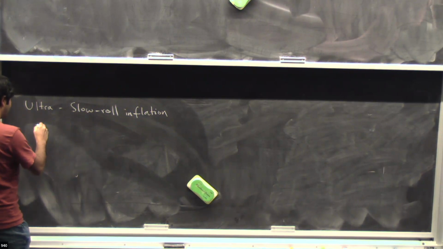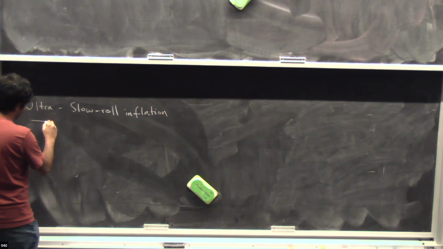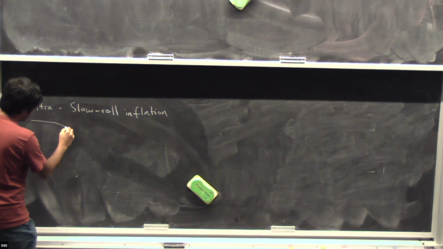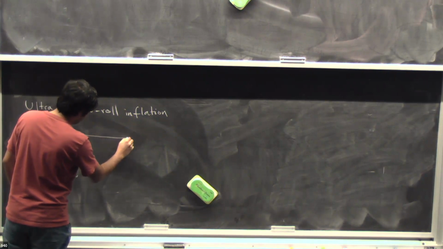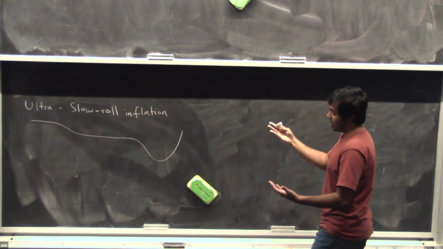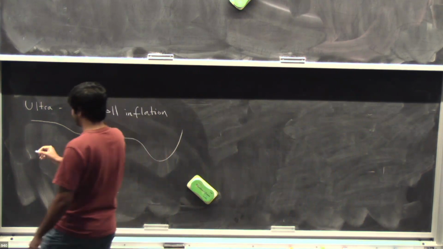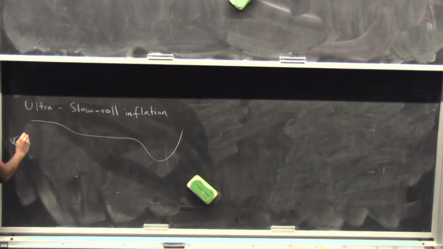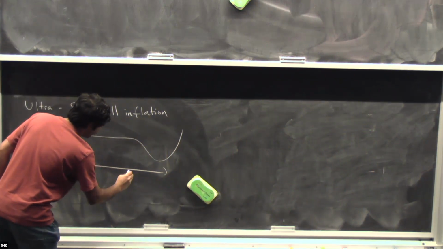There are different models for this, but one critical aspect is that you basically need some sort of a potential which is very, very flat over a range in field space. So this is V of phi as a function of phi.